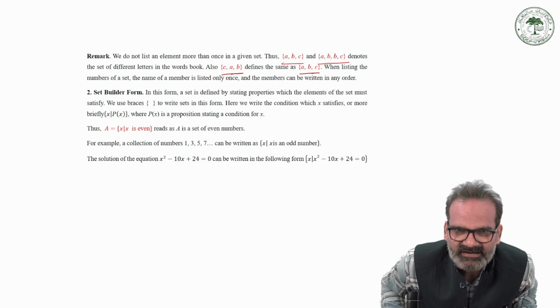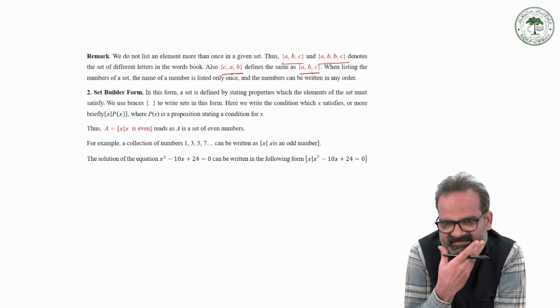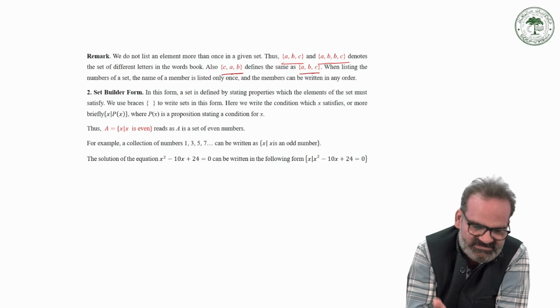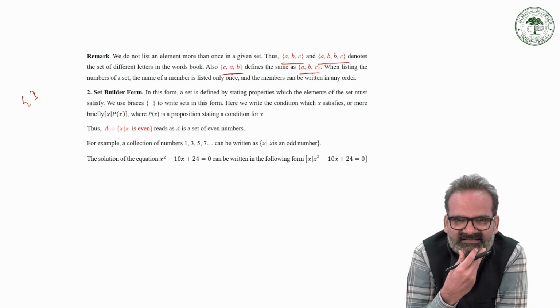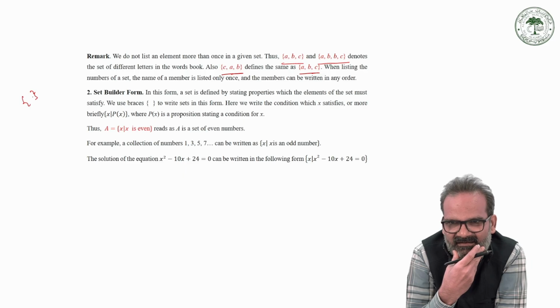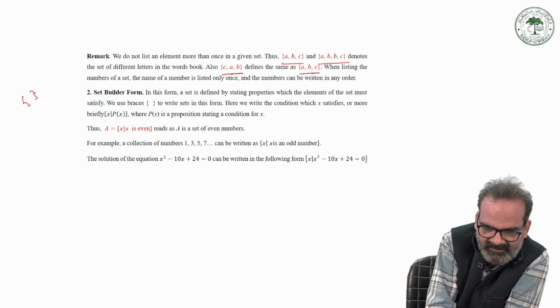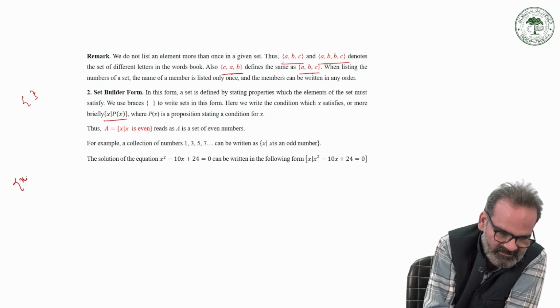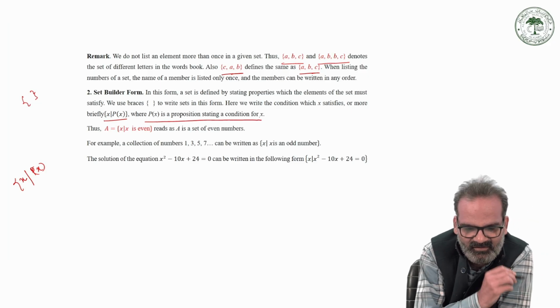The second type is set builder form. In this form, a set is defined by stating properties which the elements of the set must satisfy. We use the same braces to write sets in this form. Here we write the condition which x satisfies, or more briefly, we write it like this: {x | P(x)}, where P(x) is a proposition stating a condition on x.